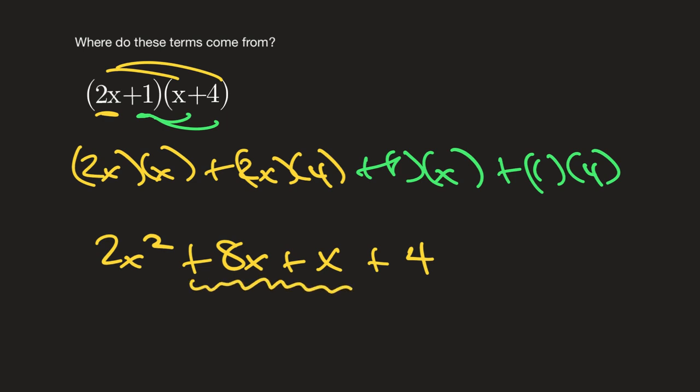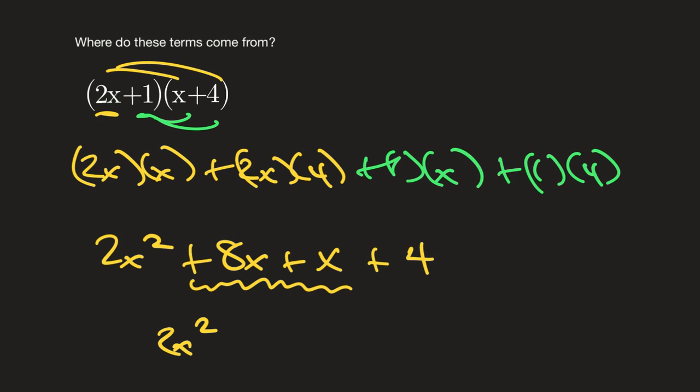And then we also had a couple of terms that you were able to combine because they were considered like terms, right? So 2x squared. What's 8x plus 1x there in the middle? How many x's would that be? If I have 8 x's and I add 1 more x, how many x's do I have? I have 8 apples. I add 1 more apple. How many apples do I have?